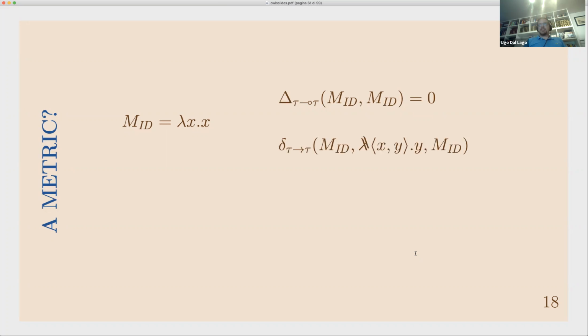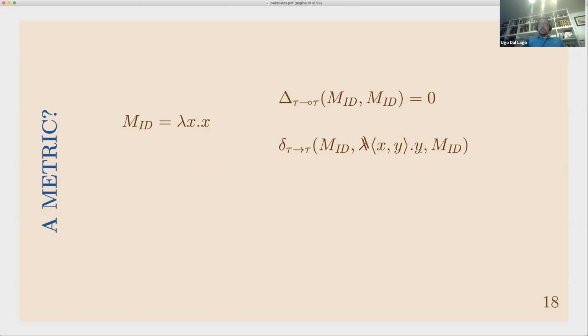logical relations tell you that the distance between m_id and itself, well, it's not the everywhere 0 function. The best you can do is to have a function like this. Because of course, the identity turns an error y into itself. And this is not the same as returning 0 in all possible cases.